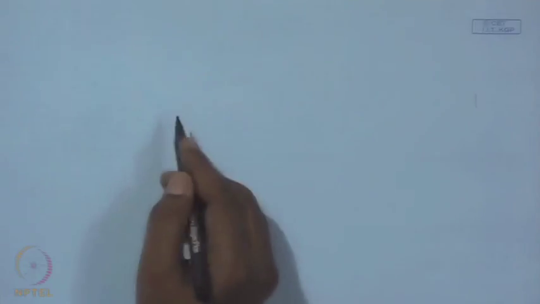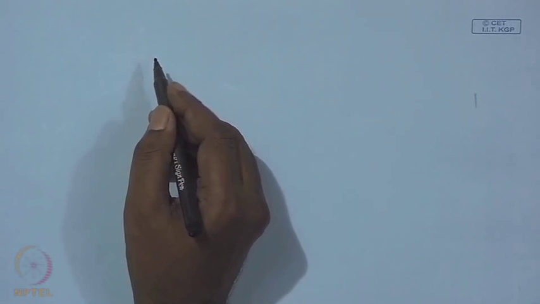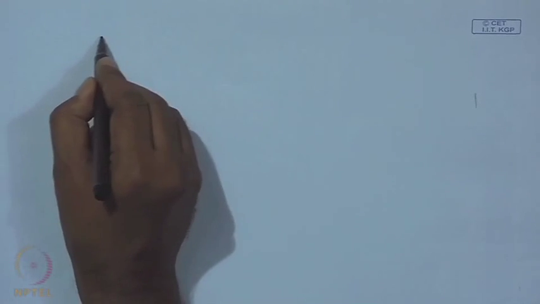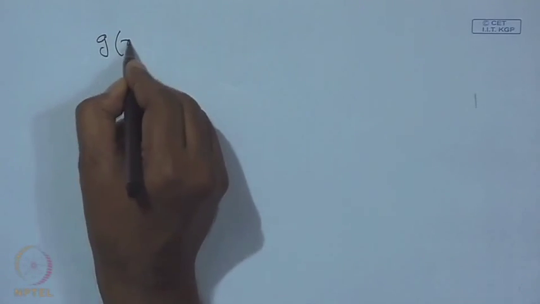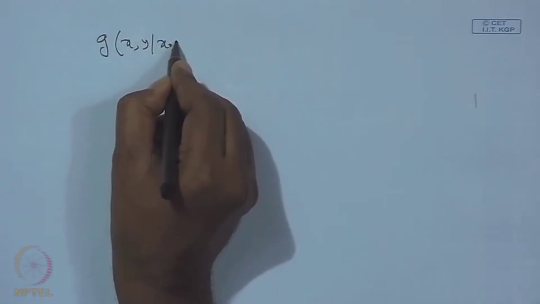So, let us solve this problem completely. Now, we look into the function g, the expression of g(x, y, x naught, y naught).